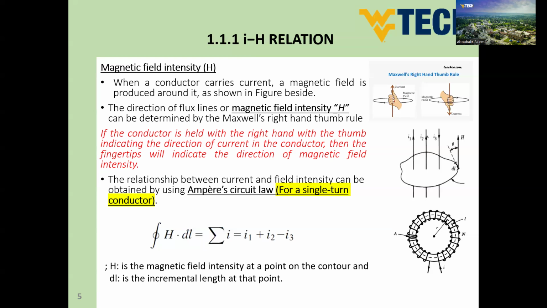So Maxwell says if you have a current-carrying conductor, a magnetic flux will flow around this conductor in the direction of the other fingers. So this is called Maxwell rule. Okay, guys, or Maxwell right-hand rule. Okay, so assume that you have, let me, guys, jump this part to the next slide and come back again here.